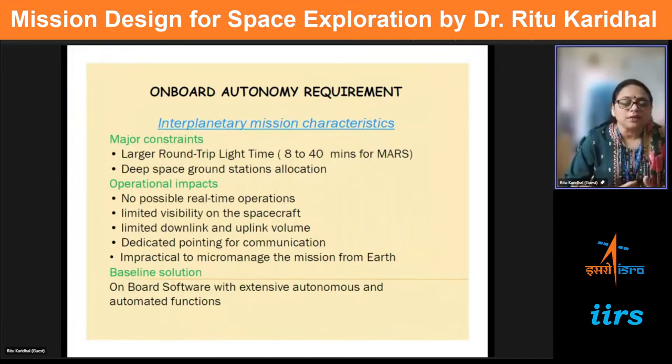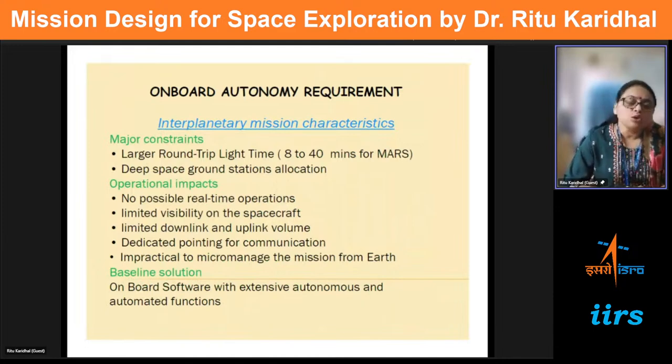Telemetry means the data which is coming from the satellite, and the telecommand is how we send data to the satellite. All the digital aspects or digital engineering play an important role there. So I'm not covering much detail, but there are many things which play a very important role in designing such missions.